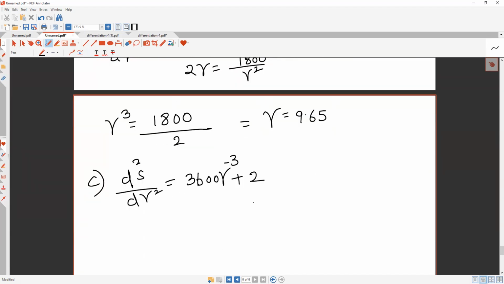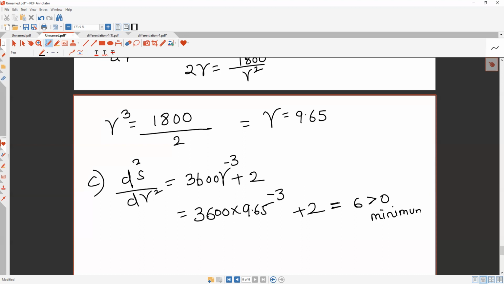Here you have to put 9.65 in place of r. 3600 multiplied by 9.65 raised to minus 3, plus 2. Do this in your calculator. That is 6. 6 is greater than 0, therefore minimum.